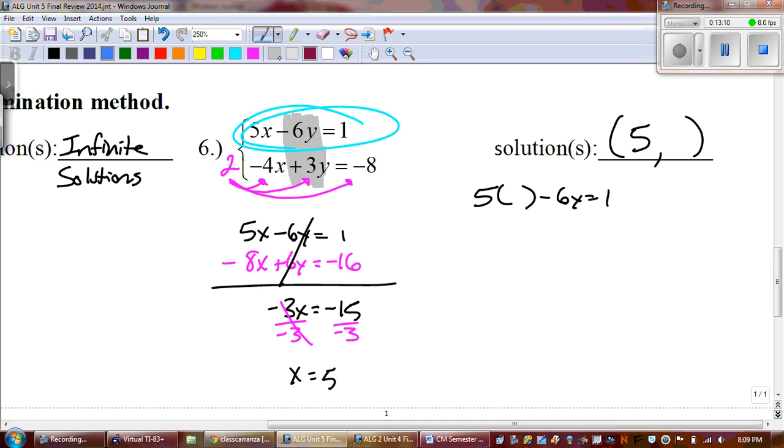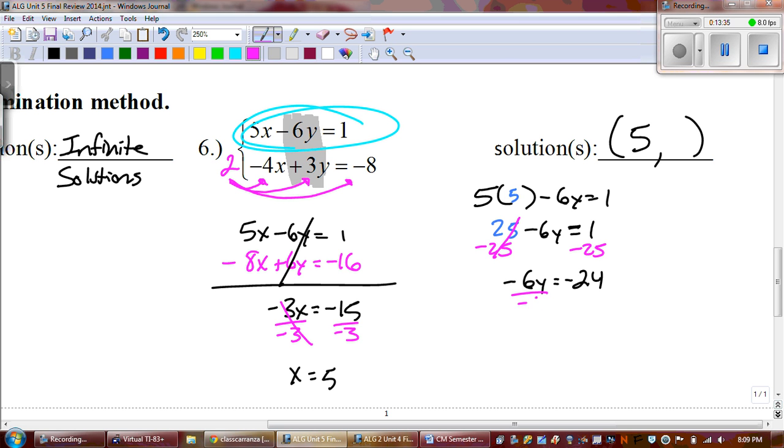Okay, so we're plugging in a 5 for x. 5 times 5 is 25, minus 6y equals 1. We have to subtract 25 from both sides, and we are left with -6y equals -24.